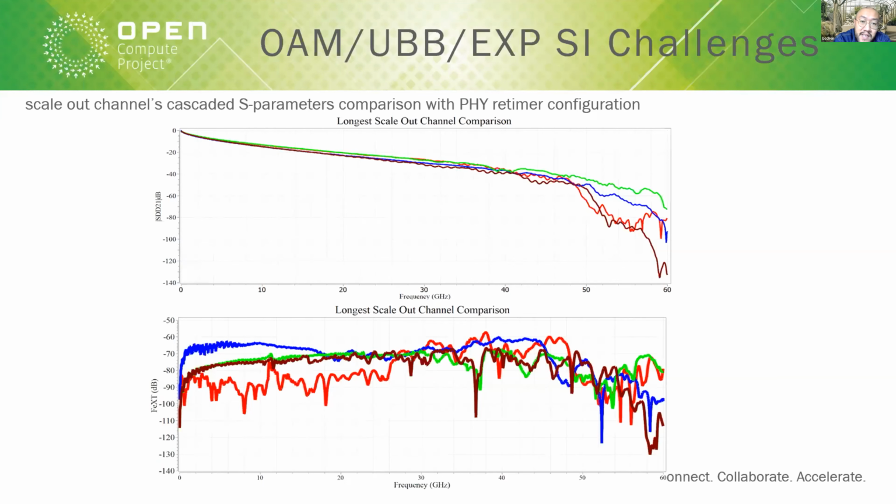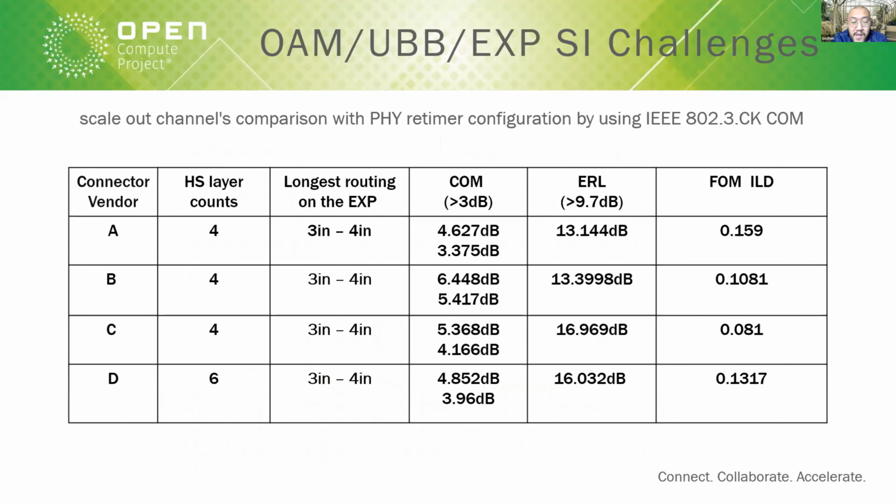If we go to the next slide, which is the detail of the COM analysis results, again, we're leveraging the IEEE 802.3ck COM code with the LR assumption. We put a couple of figures of merit here from the different connector vendors' results. Except for participant D, everyone else can route out with 4 high-speed routing layers on the expansion card.